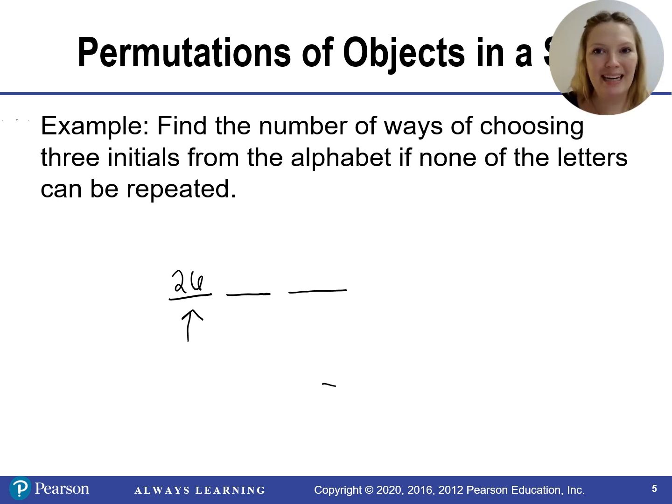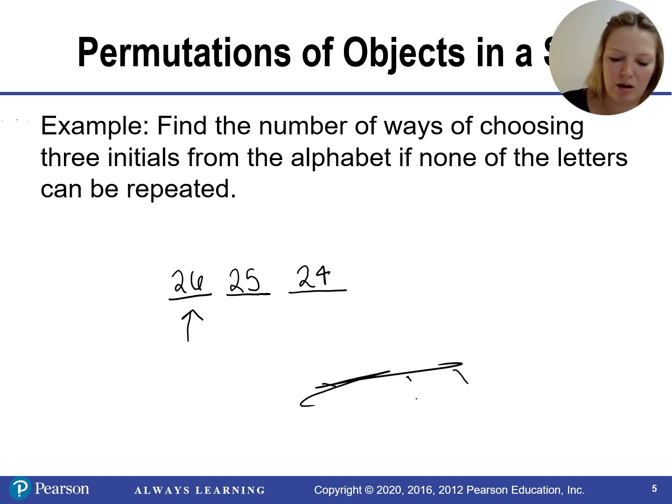If we're not repeating, then this means that we have 1 fewer letter when we choose our second letter. So since we chose 1 for the first letter, there's only going to be 25 letters left when we go to choose the second letter. So there are 25 ways to choose the second letter. Again, we're not going to repeat it, so we're going to remove the letter that we chose, leaving us with only 24 for the third letter.